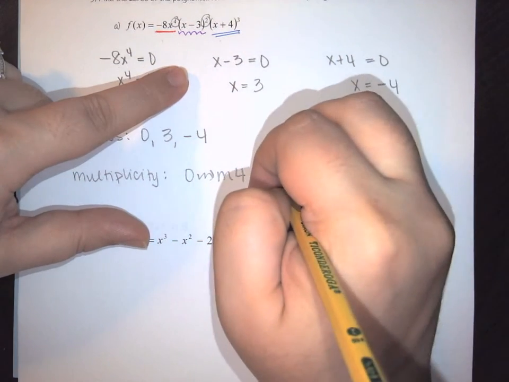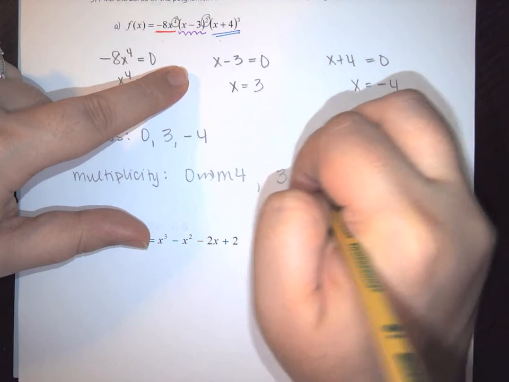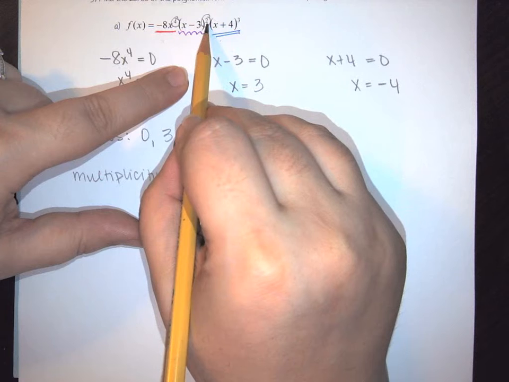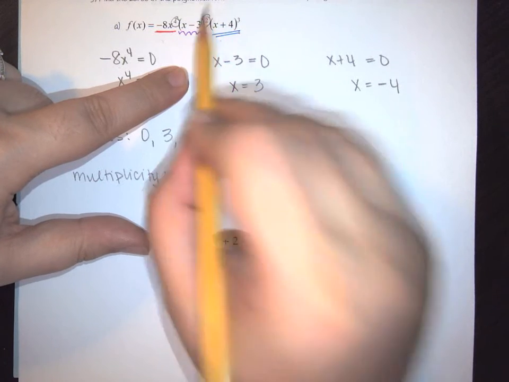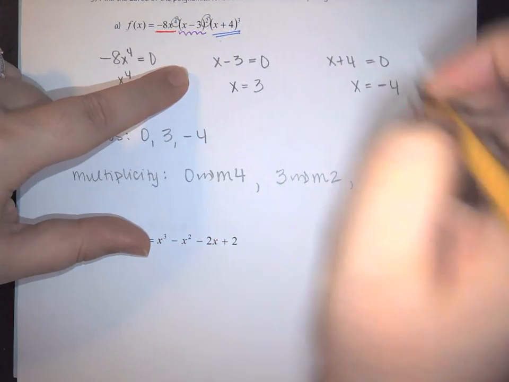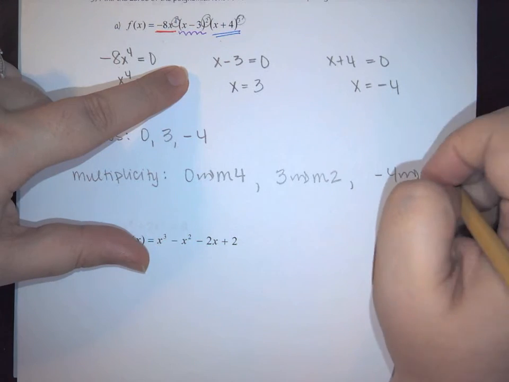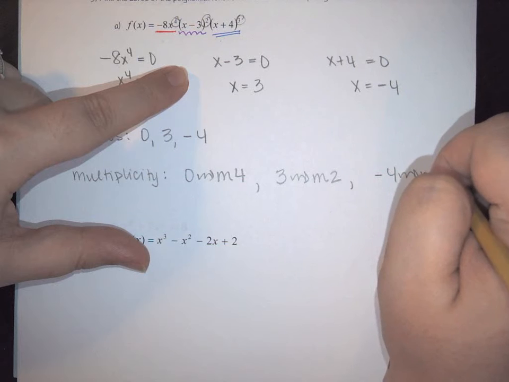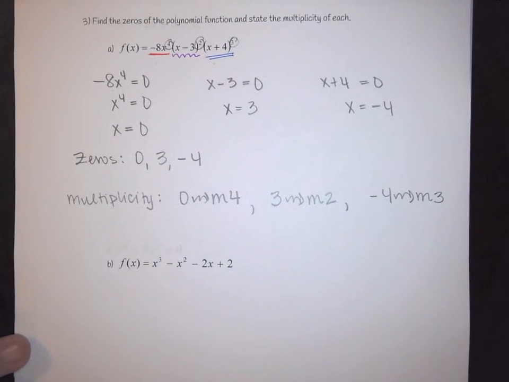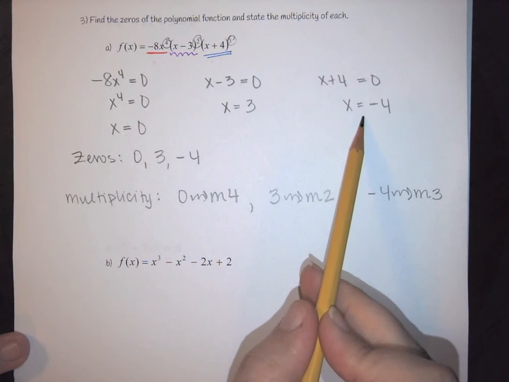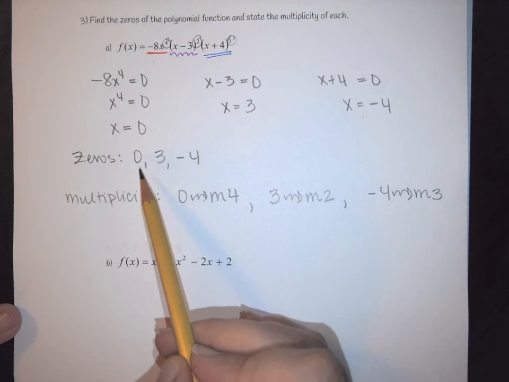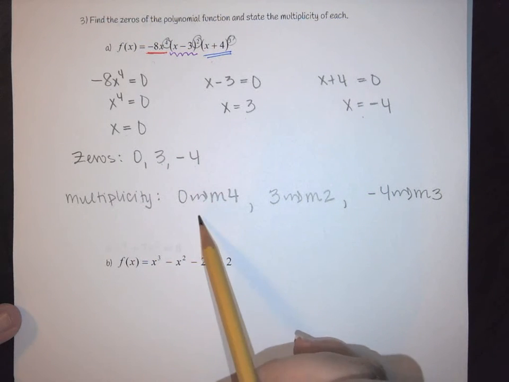Here, when I have 3, it has a multiplicity of 2, because the power of 2 means it occurs twice. Last, I have negative 4. The power on it is going to be 3, so this has a multiplicity of 3. It occurs 3 times. So when you are asked to find the zeros, you have to solve each piece to state your zeros, and then the multiplicity says how many times that 0 occurred.